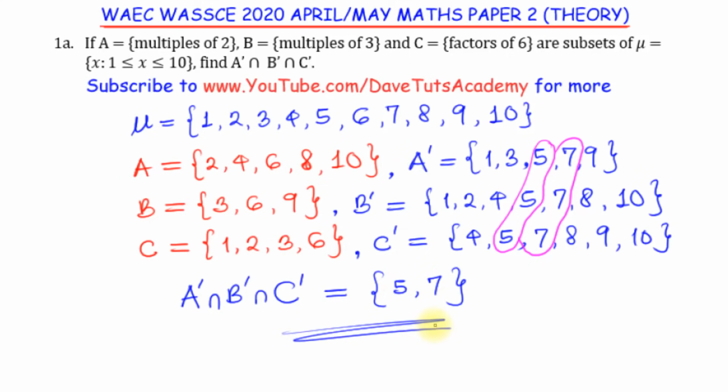And with this, we've been able to solve this question on set theory. We just need to understand how to interpret the sets defined for us, then look for the complement and look at the common elements, and we'll get our answer as 5, 7.